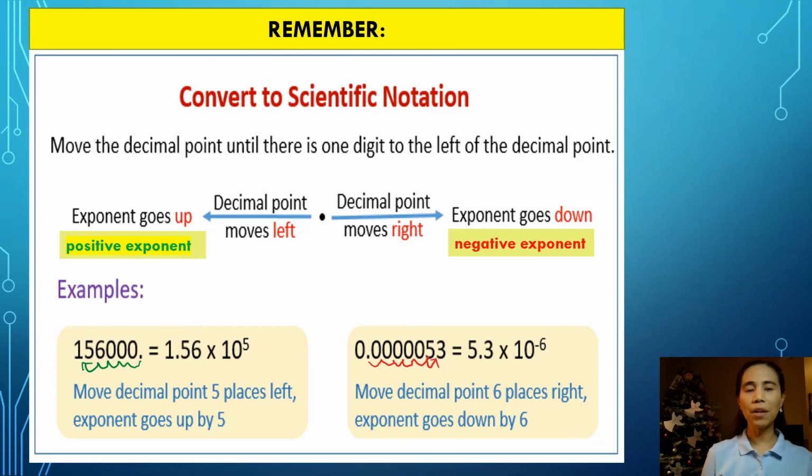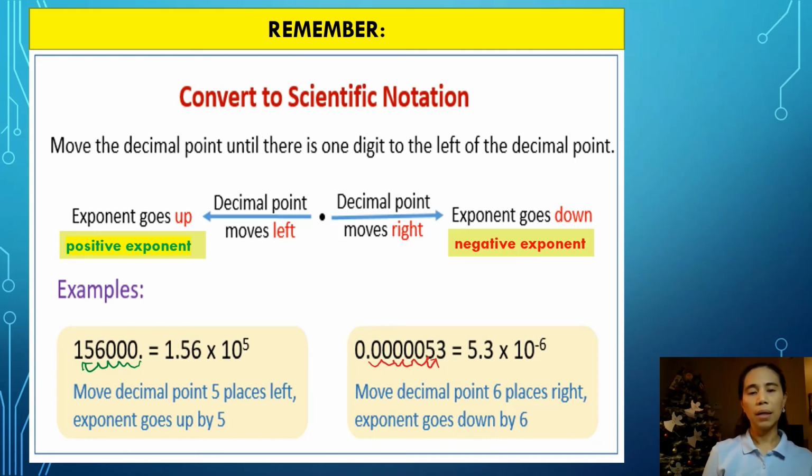An example of that is 156,000. The final answer is 1.56 times 10 to the 5th. Why? Because we have moved the decimal point from the right to the left. And since from 0, 1, 2, 3, 4, 5, we have 5 places from the right to the left. So that is why we have 5 as exponent.